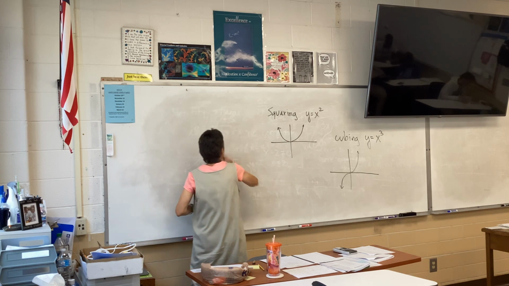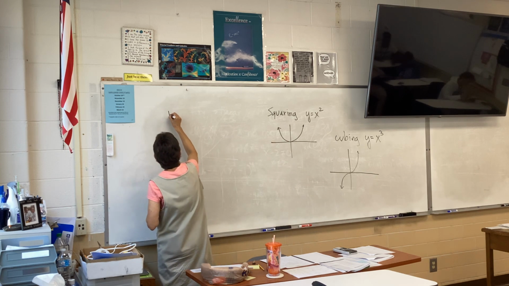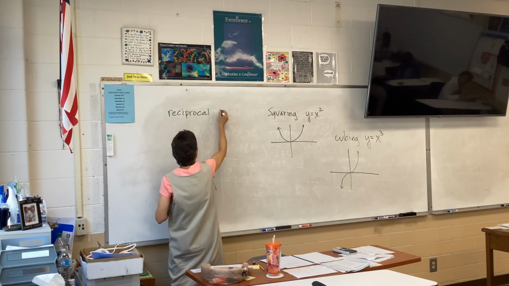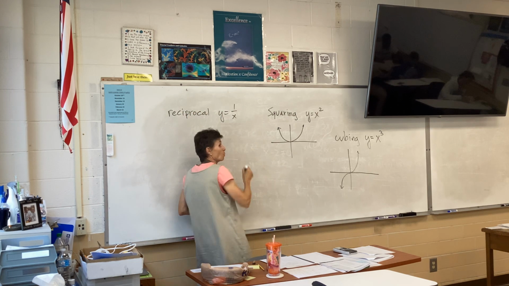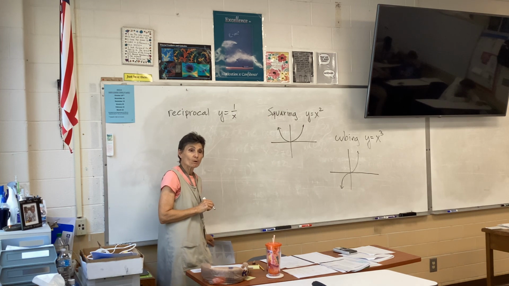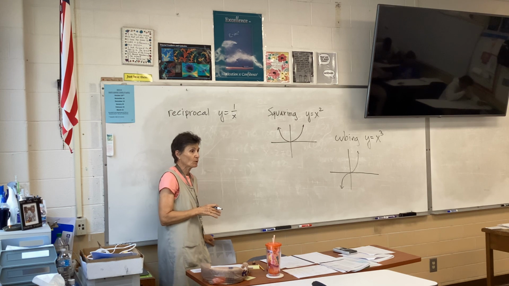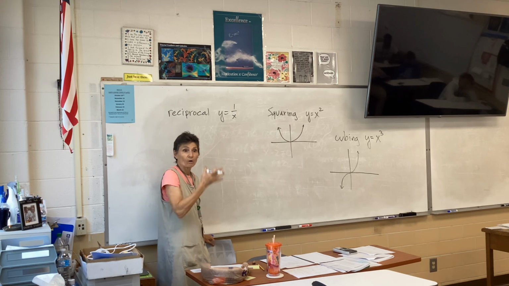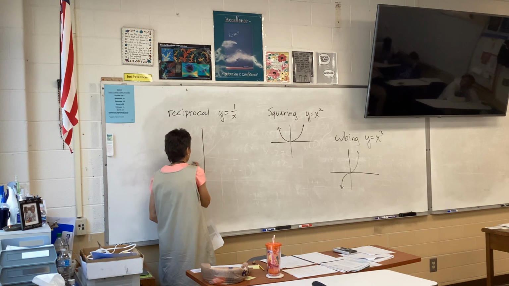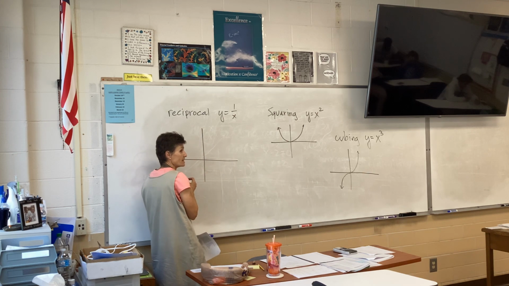We have the reciprocal function. And the reciprocal function is y equals 1 over x. That should be easy for you to remember, because if I say what's the reciprocal of 3, don't you say 1 over 3? The graph of the reciprocal function is a little bit crazy.